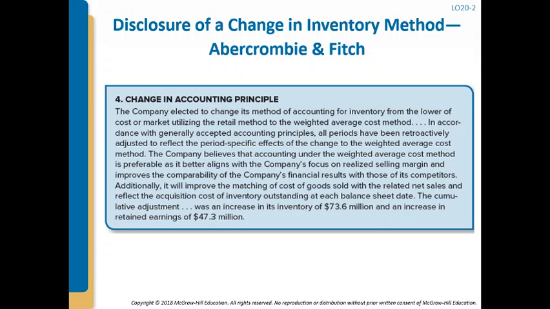And so they believe that the weighted average cost method is preferable as it better aligns with the company's focus on realized selling margin and improves the comparability of the company's financial results with those of its competitors. So that's the justification part.